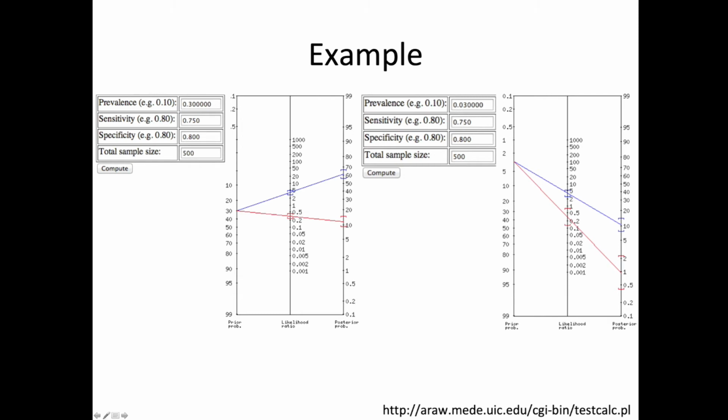Here's another example, with the second calculation I showed that had a much lower baseline prevalence of disorder. So in this patient population, just prior to getting the test done, you only have a 3% chance of having the disorder, and with the same likelihood ratios, a positive test result increases that chance up to 10%.